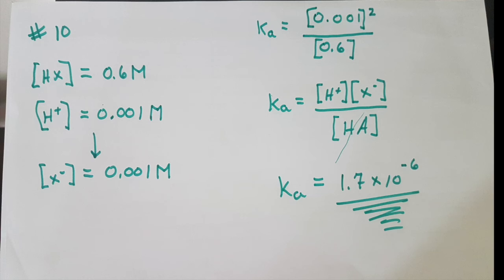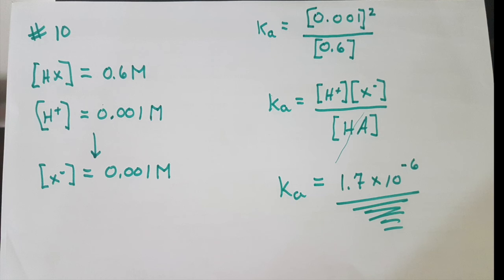We're just going to do it once and plug in your values. 0.001 molar for the H ion concentration, which is the same as the negative X concentration, and that's going to be squared and then divide by 0.6, and you get 1.7 times 10 to the negative 6. Very simple, very easy, not a problem.